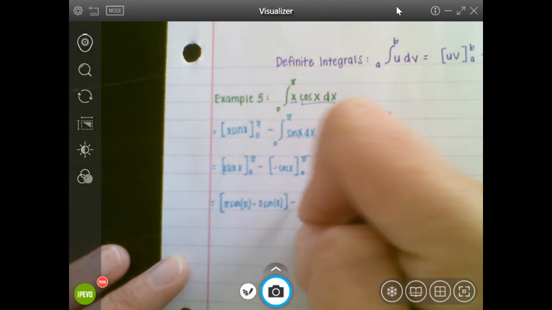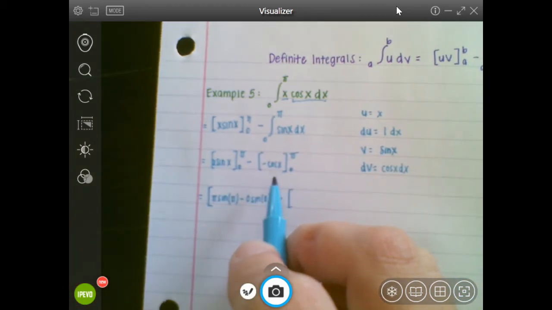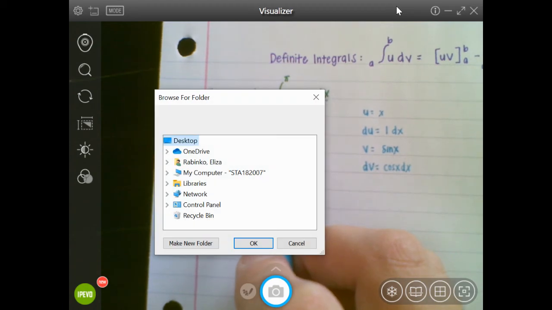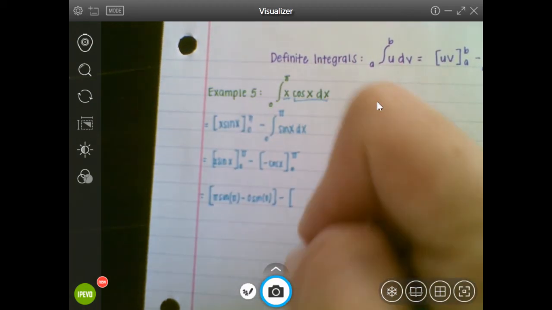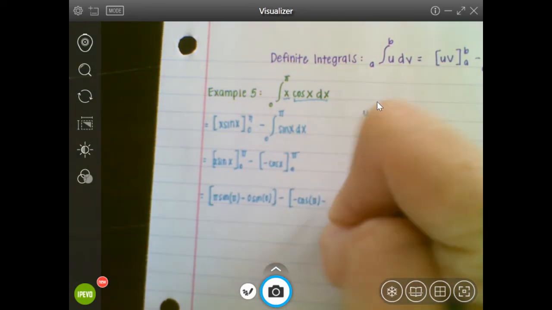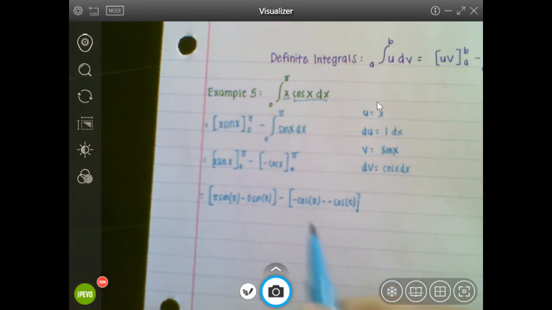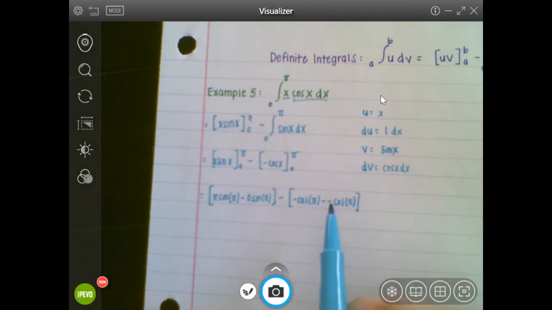Then I'm going to subtract out, and I'm just going to leave this the way it is. I'm not going to pull out that negative 1, but it is up to you. So I'm going to evaluate negative cosine of pi minus negative cosine of 0. Again, be careful about the algebra. If you do keep that negative in like I did, be careful about your minus signs here.